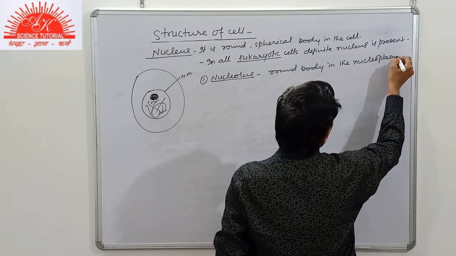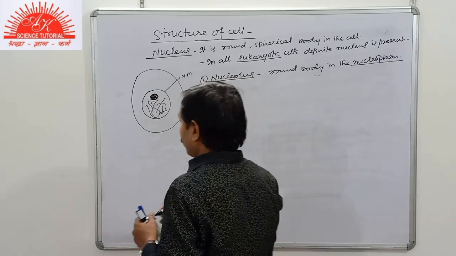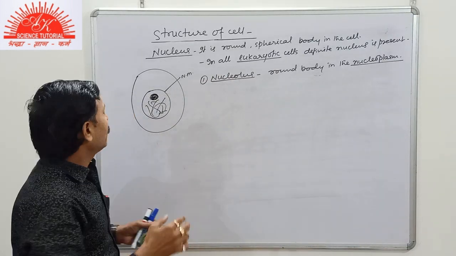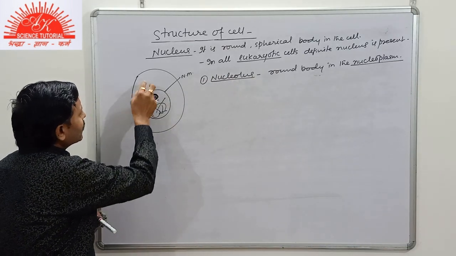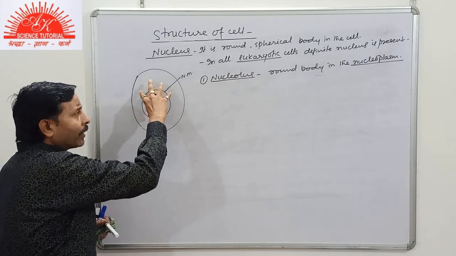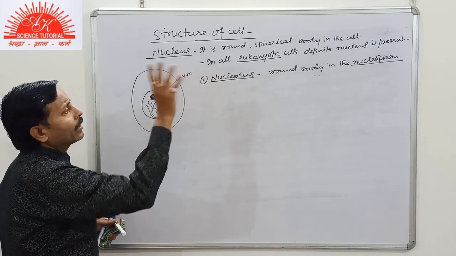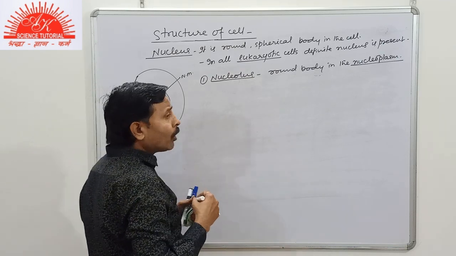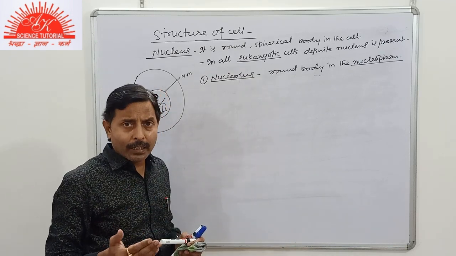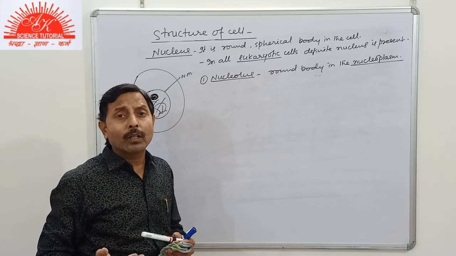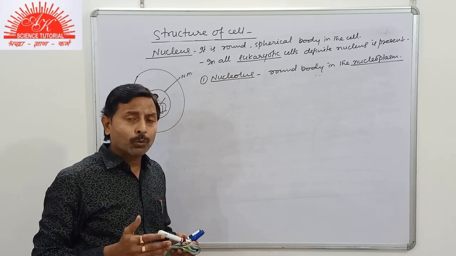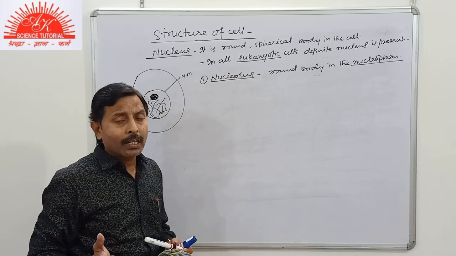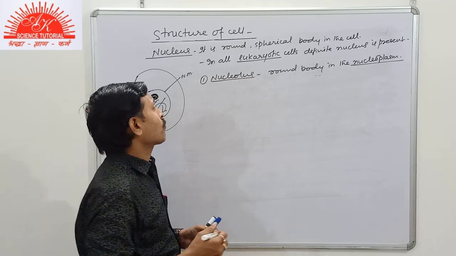Now we know, students, that the material between the nuclear membrane and the cell membrane is called cytoplasm, and the material inside the nuclear membrane is called nucleoplasm. The number of nucleoli may be different, that is, more than one nucleolus may be present in the cells, whose number remains fixed in different types of cells.